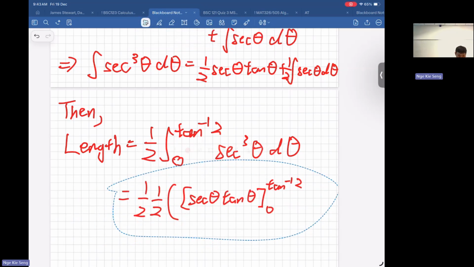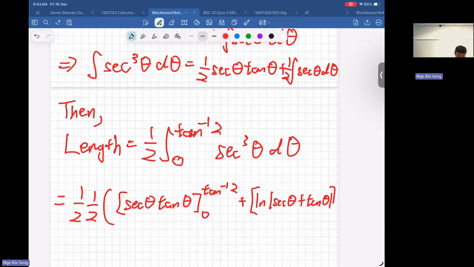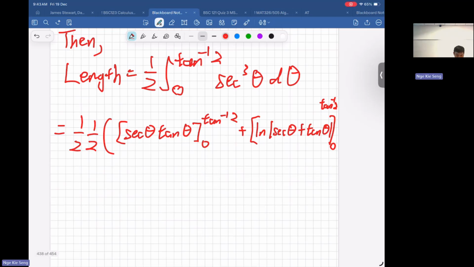And then this integral here, just now we said this is ln of secant theta plus tangent theta, from 0 to tangent theta equals 2. Quite a complicated length here.